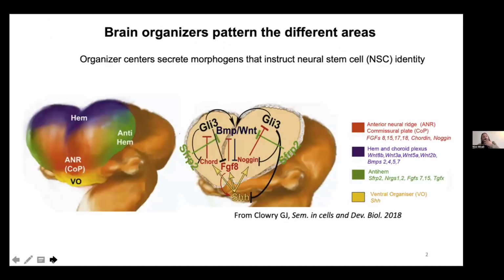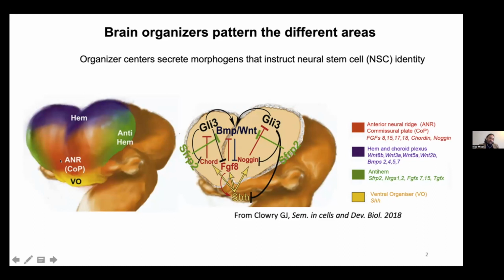If we talk about cortical disorders, of course, we need to introduce how corticogenesis works. Here in this slide, you see the early mouse telencephalon, and we can recognize regions of this early stage, which are called brain organizers. Organizers secrete morphogens which instruct neural stem cell identity and pattern the different areas of the brain.